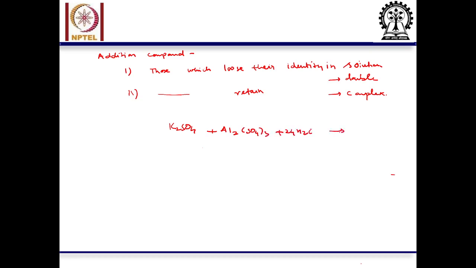If we crystallize it, we will get K2SO4·Al2(SO4)3·24H2O. This is called potash alum, right? Once we dissolve it in solution, you will get all the ions: potassium ion, sulfate ion, and aluminum 3 plus ion.